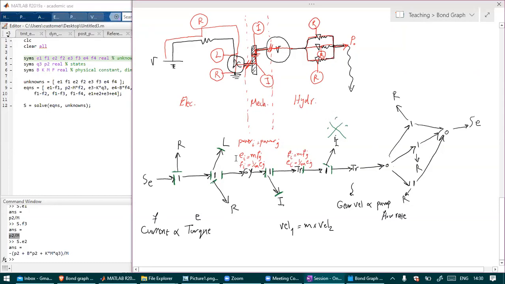But if I don't do bond graph, I won't notice that, right? I just proceed with the modeling, and I end up with a bad behaving system or a bad behaving controller. So we have to actually fix it somehow.